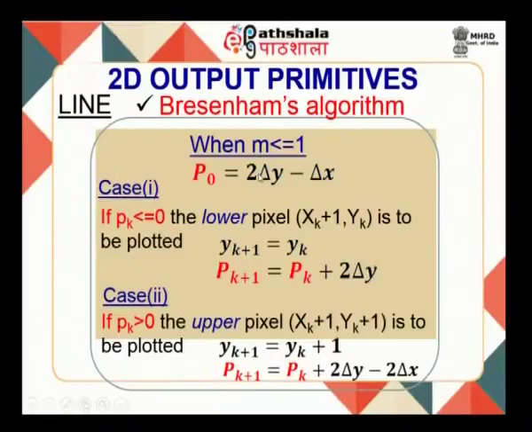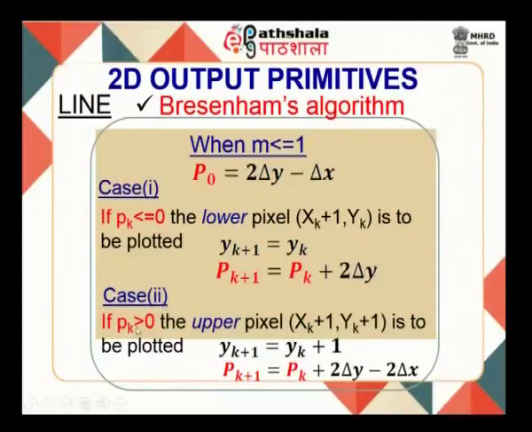Case 1, when m is less than 1: P naught is 2 del y minus del x, and if pk is less than or equal to 0, that means the lower pixel is closer to the theoretical position. So, we choose for the next y, yk, and pk plus 1 is pk plus 2 del y.